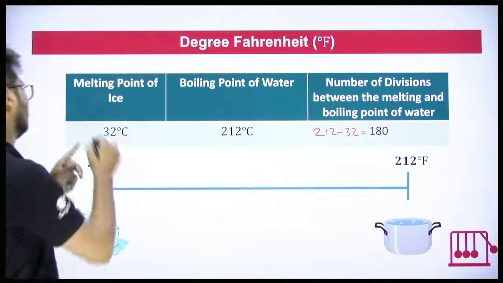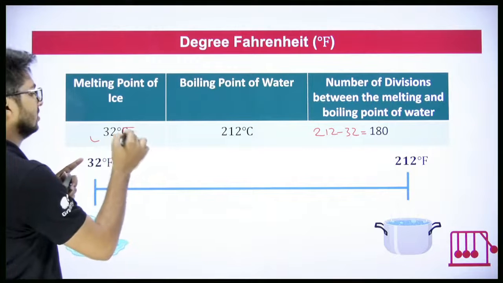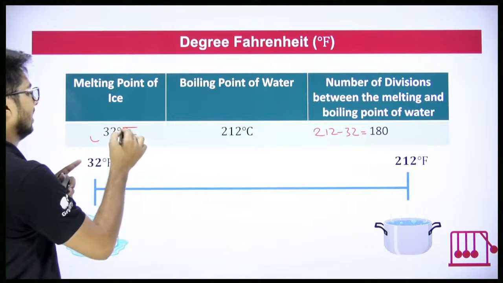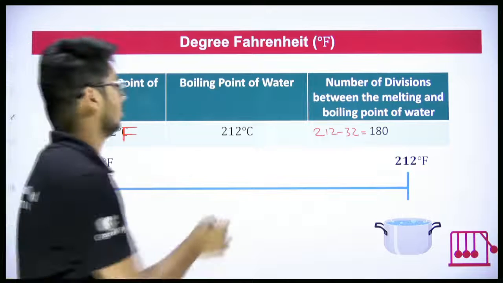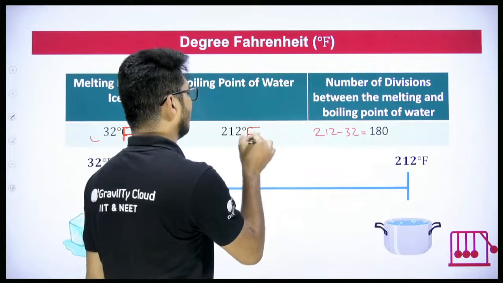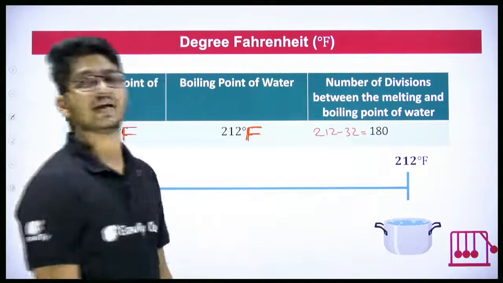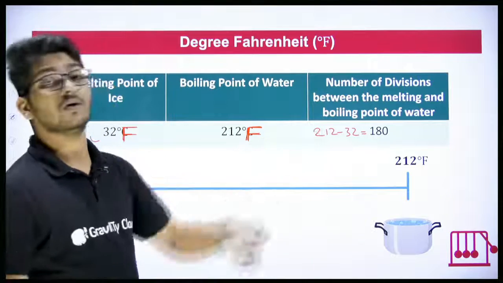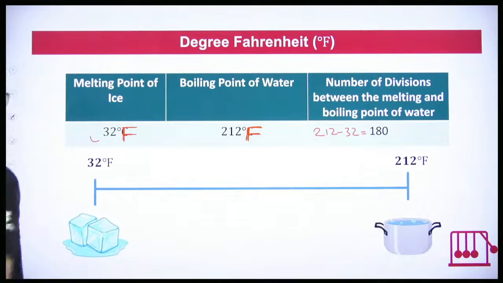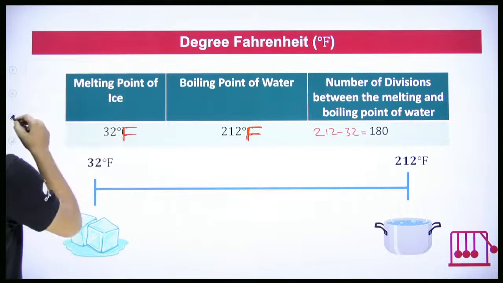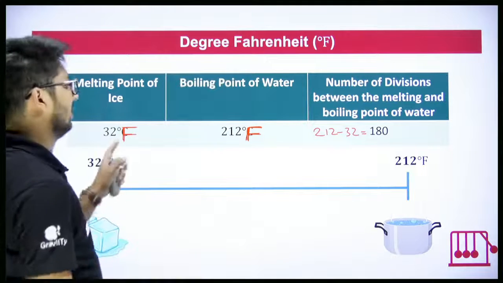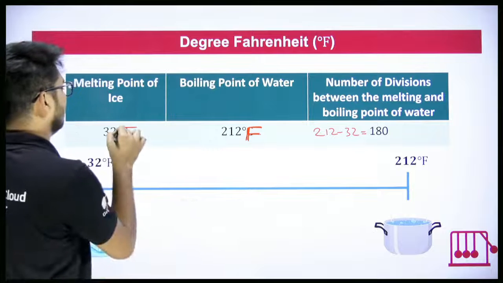So the melting point of ice is 32 degree Fahrenheit. The boiling point of water is 212 degree Fahrenheit. And the number of divisions between them? 212 minus 32, 180 divisions. And do not forget that for Fahrenheit, you have to say degree Fahrenheit.